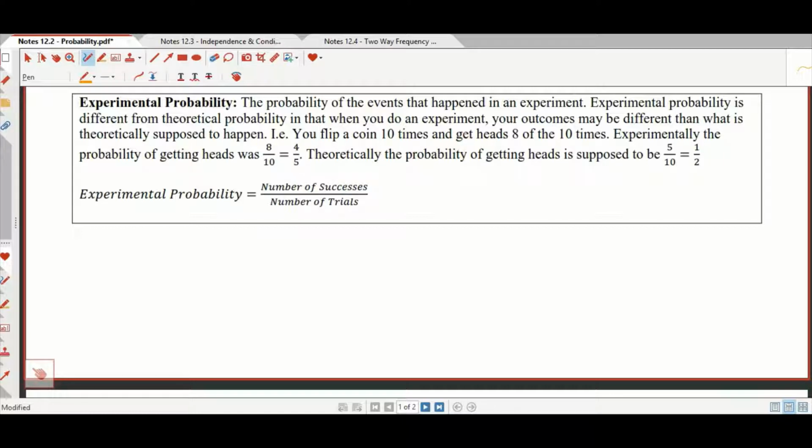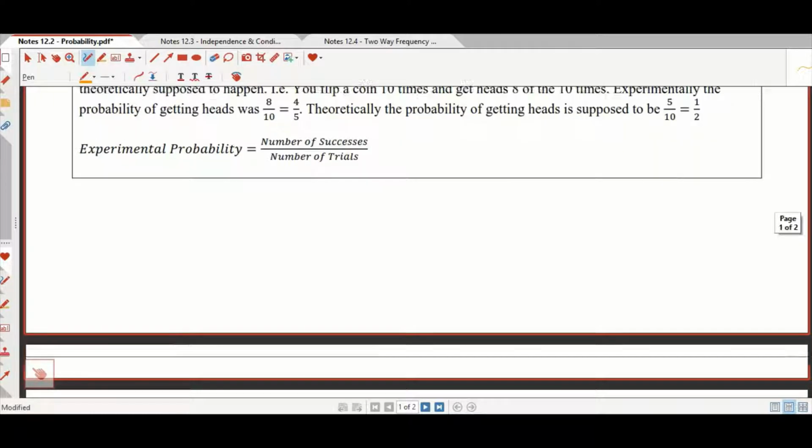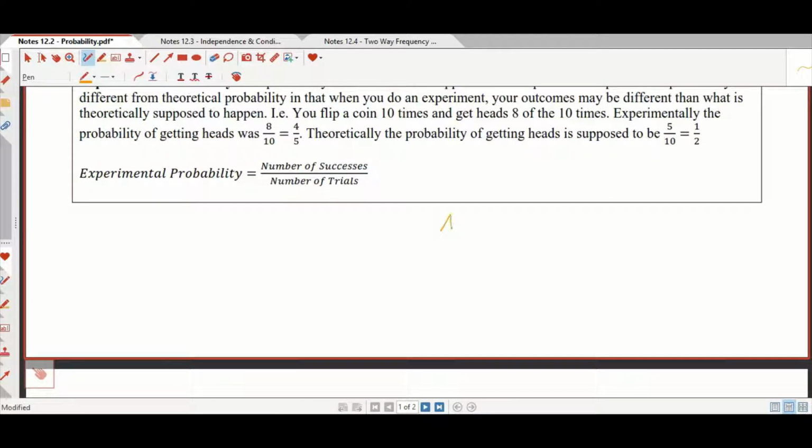But the further off you are, like if you flip a coin 100 times and only get 10 heads, then you might start to think that something's up with that coin. So the question is, how many times do you need to flip a coin before you start saying something is awry, which is one of my favorite words? I'm going to write that word down because it doesn't get used enough. Try to use awry in a sentence today. It means wrong or seemingly wrong.